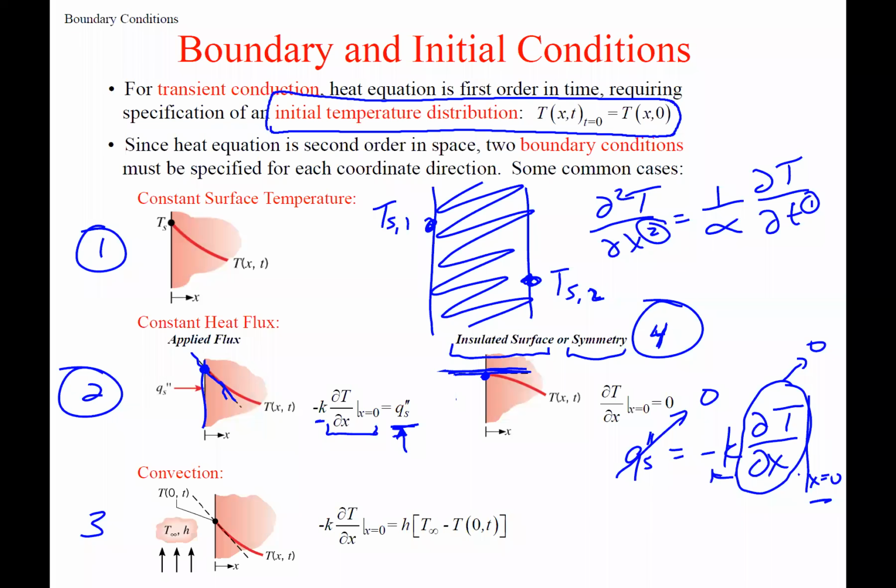But it just means if you had the same thing happening, let's say we had a block like this, but I'm going to call the middle section x equals 0. And let's just put the heat flux, because I haven't done the convection one yet. So I have a heat flux here and here, and they're the same on both sides, right?